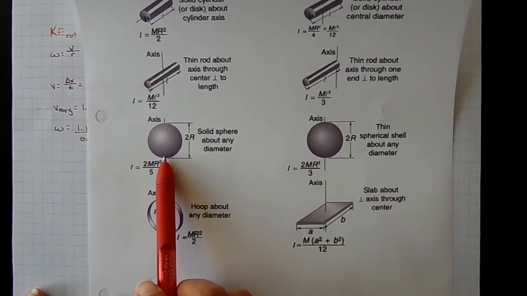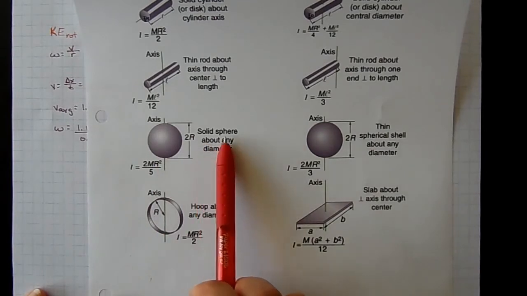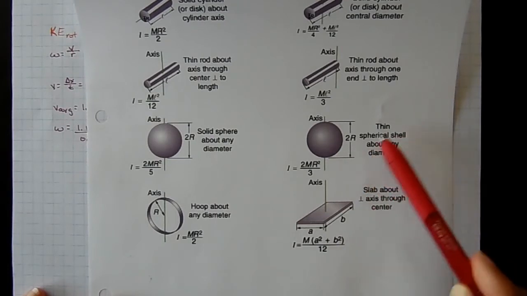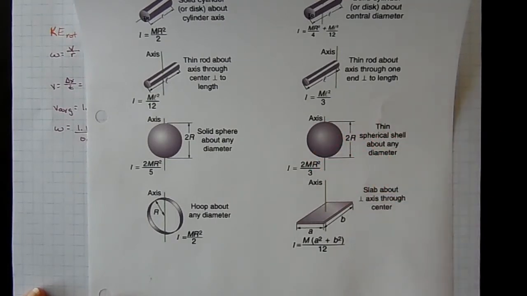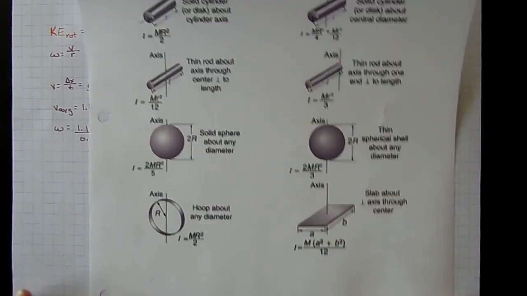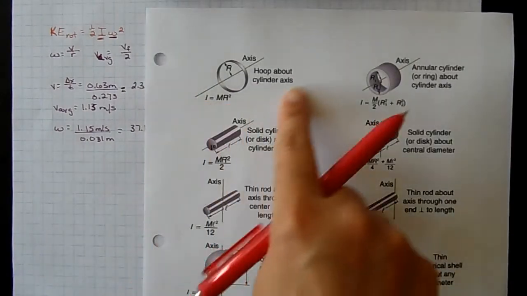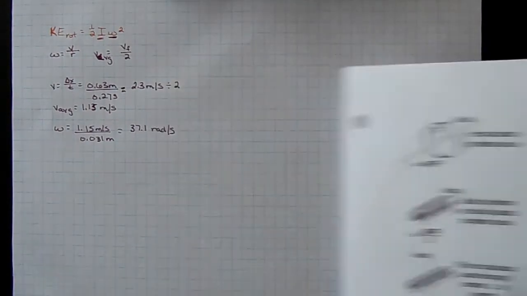If the ball is solid, so say you had a baseball, baseballs are solid inside, so you have a solid sphere. But tennis balls are not solid, so you would have a sphere around the outside. So you have to think about what object you rolled down your incline and figure out which equation you're going to use. So I'm going to use this one since my can was empty.